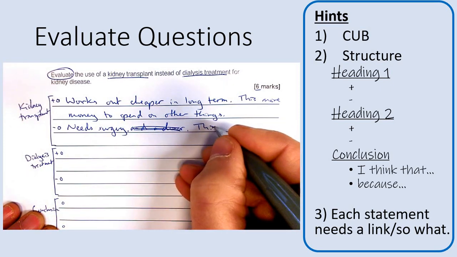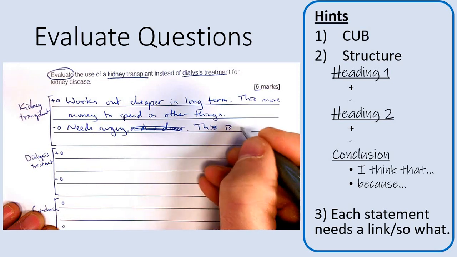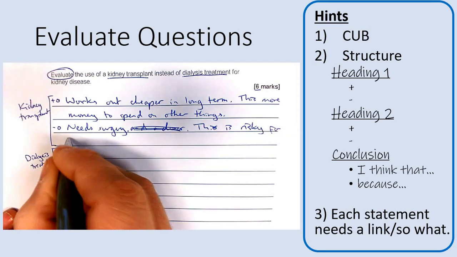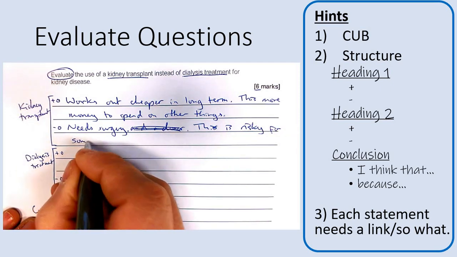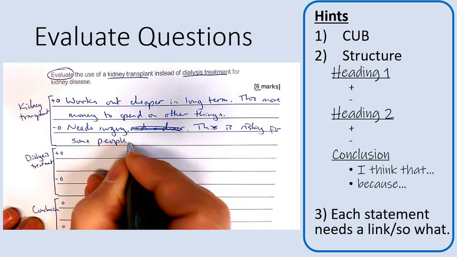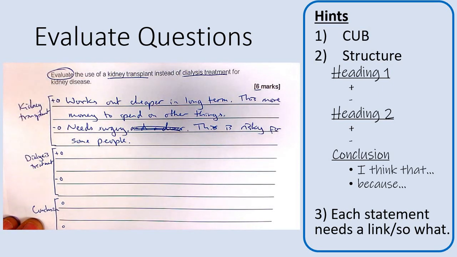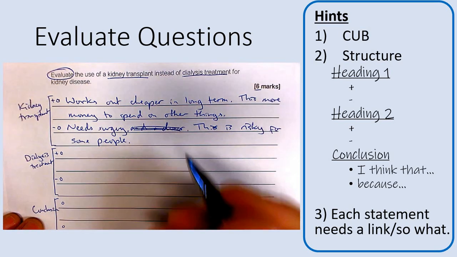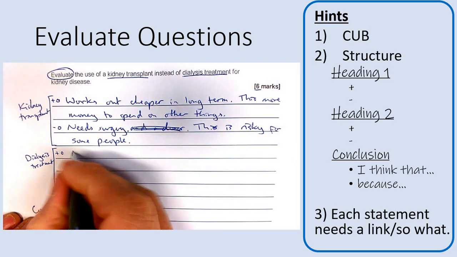This is risky for some people. Okay, we don't have surgery unless we absolutely have to. Dialysis treatment, what's good about it? What's good about it is no surgery required.